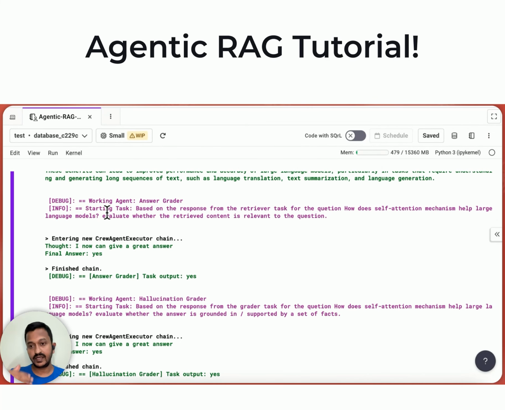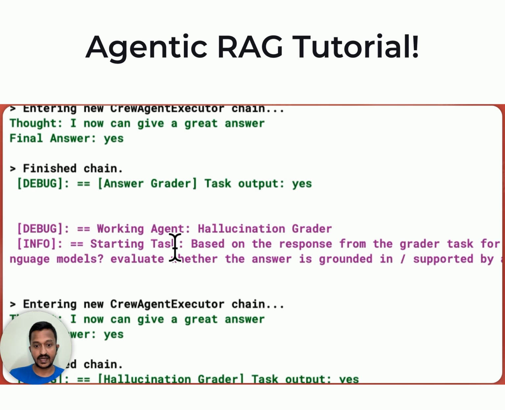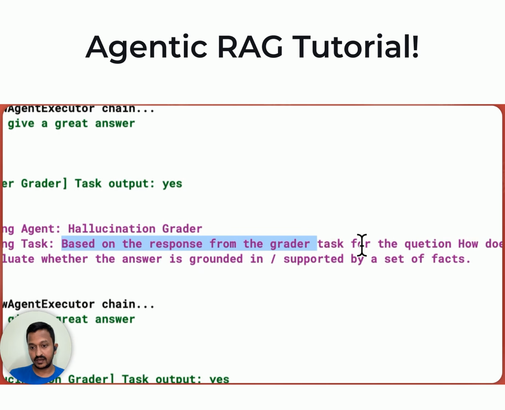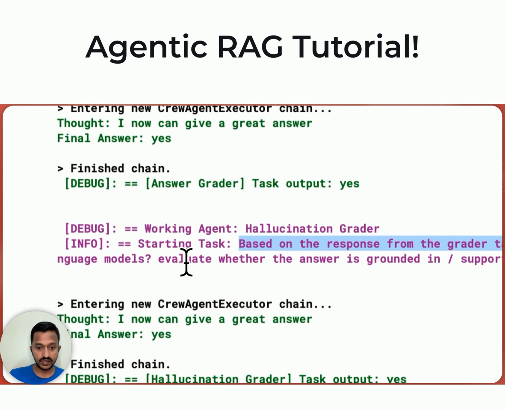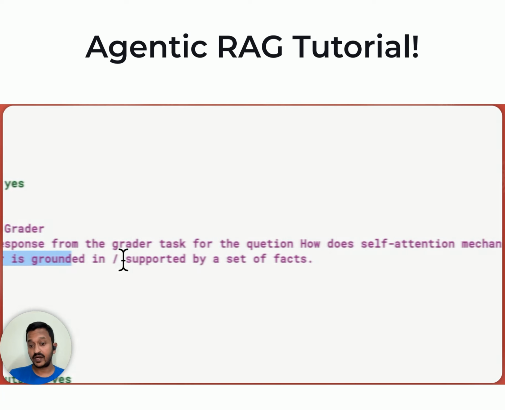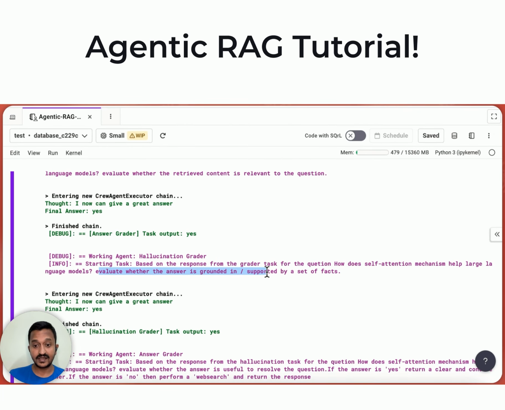And slowly different agents come and then they try to analyze how grounded the answer is, the hallucination grader, as you can see here, right? So it says based on the response from the grader task for the question, how does self-attention mechanism help large language models? Evaluate whether the answer is grounded in, supported by the set of facts.